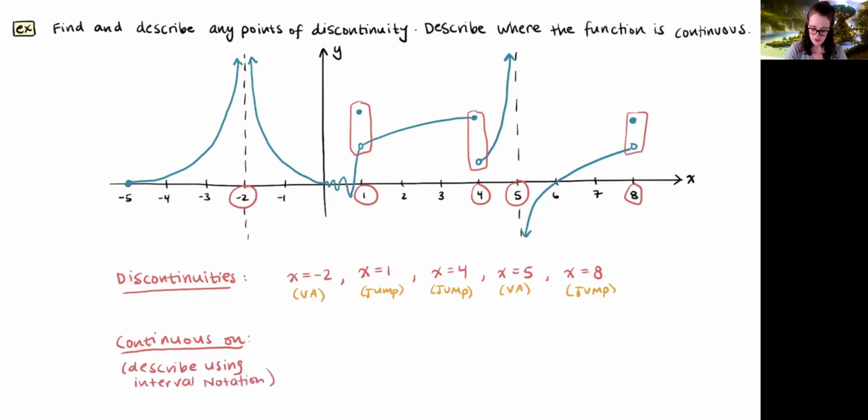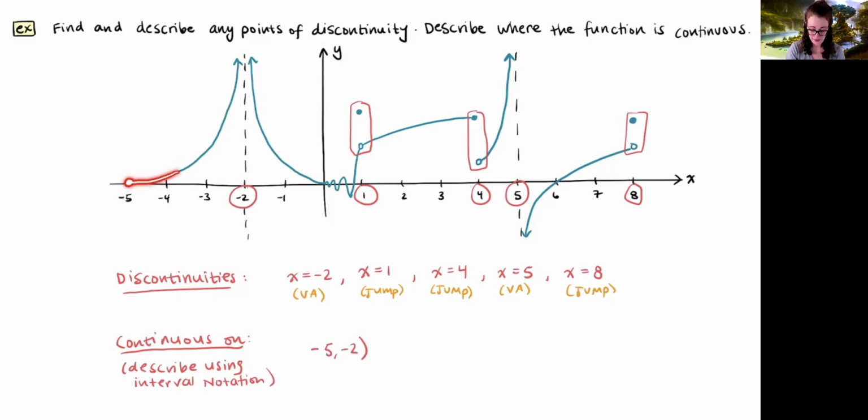Okay, so as we are going along the graph, from -5 up to -2, we have some continuity there. There's a smooth piece. So -5 to -2. Now we're not going to include the -2, but we could say that there's a sense of continuity from this side at the -5 because it's filled in there.